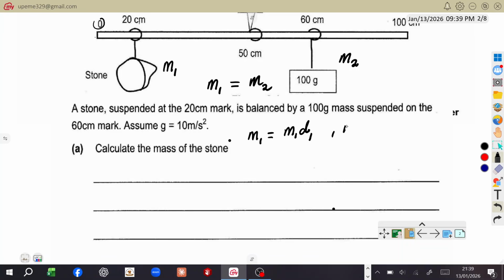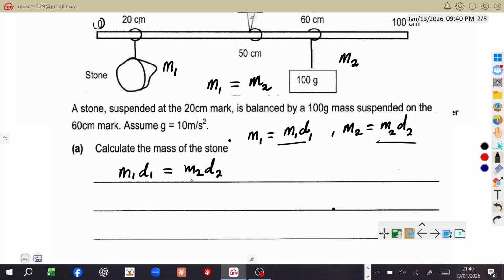Then moment 2 is equal to mass 2 on the other side times distance 2. So using the principle of moments, these two are equal. The principle of moments we use is m1 d1 is equal to m2 d2.